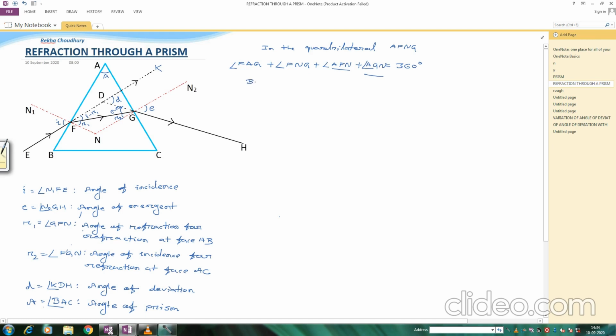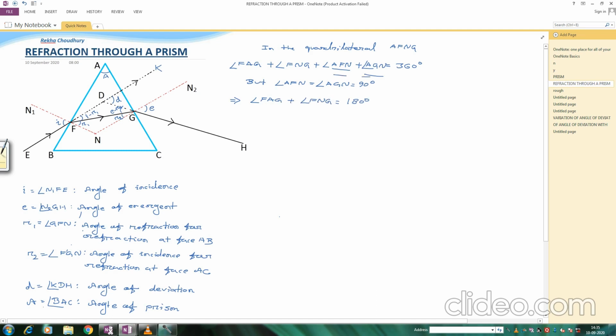So angle AFN is equal to angle AGN is equal to 90 degrees. This implies angle FAG plus angle FNG is equal to 180 degrees.